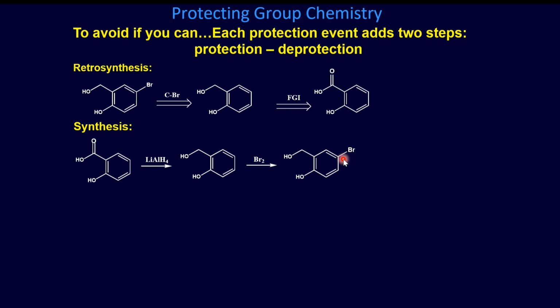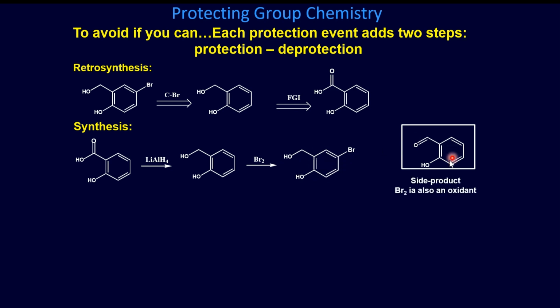But however, bromine is also an oxidizing agent. Along with this meta bromo salicyl alcohol, I'll get the corresponding salicylaldehyde as a byproduct. Bromine is a mild oxidizing agent. It oxidizes the CH2OH to the corresponding aldehyde.